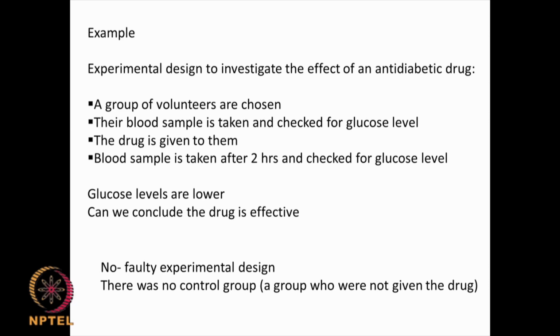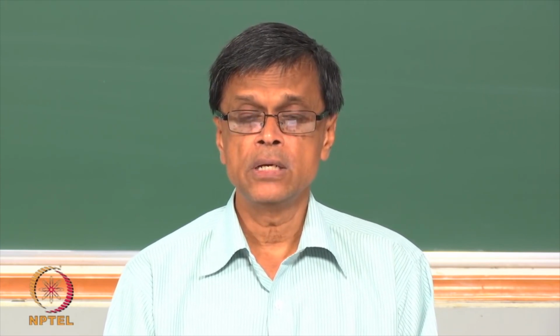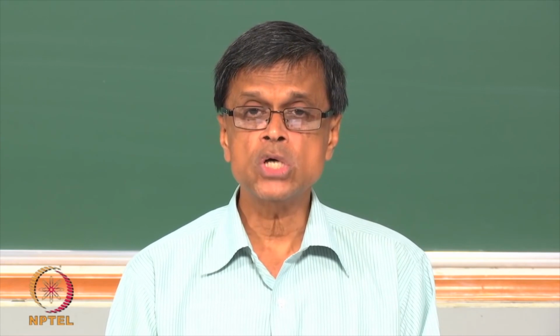You need a control group where you do not give any drug, but you check their glucose level at the same time as you are checking the glucose level of patients to whom drugs are given, and you see whether their blood glucose is going down or not, because glucose levels may go up and down depending upon the time, the food they have taken, the environment, the exercise pattern, their obesity level, the age, gender and so on.